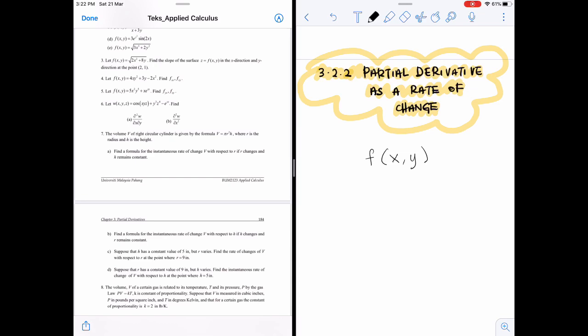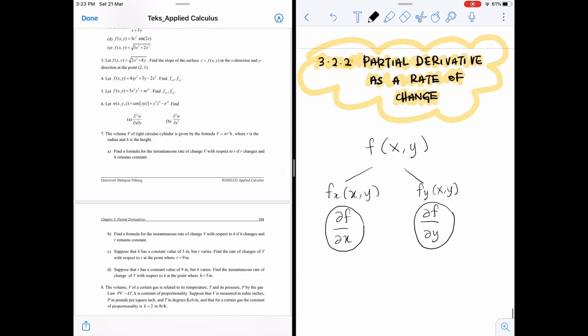If we find the first derivative of f with respect to x, we will have f_x of (x, y), or del f del x, which represents the rate of change of f with respect to x. Also, if we differentiate our function f with respect to y, we will have the partial derivative f_y of (x, y), or del f del y, which represents the rate of change of f with respect to y.